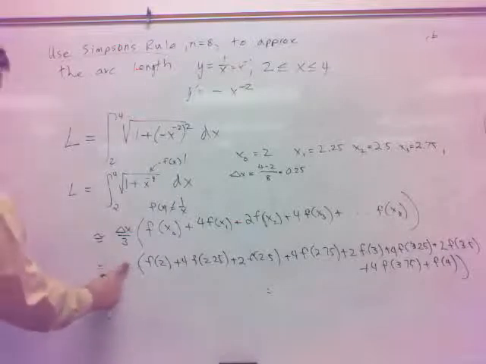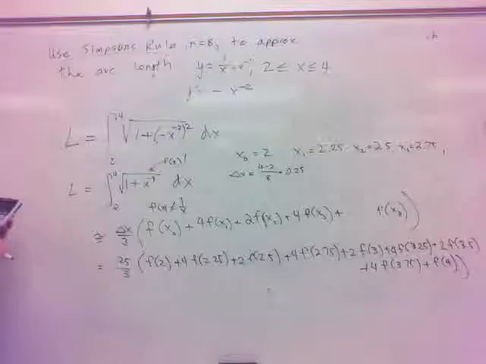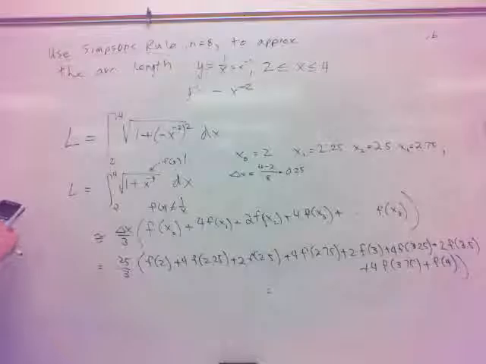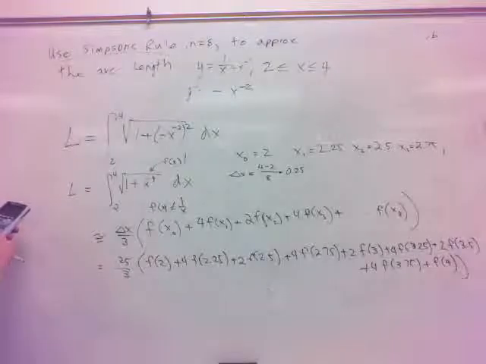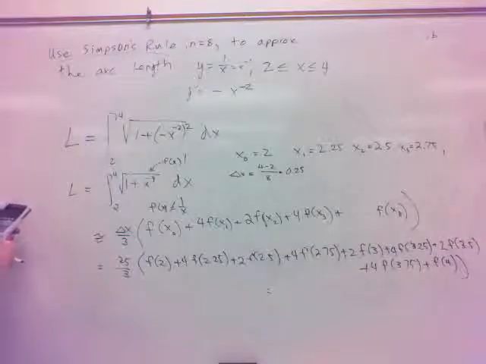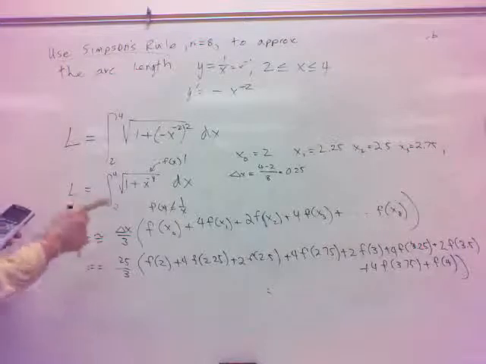Delta x is 0.25, so it'll be 0.25 divided by 3 times y1 of 2, plus 4 y1 of 2.25, plus 2 y1 of 2.5, 4 y1 of 2.75, 2 y1 of 3, and 4 y1 of 3.25.